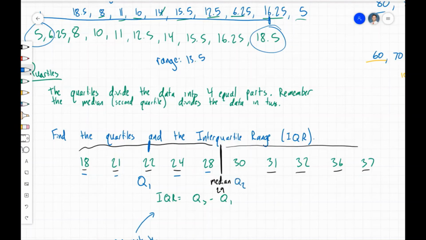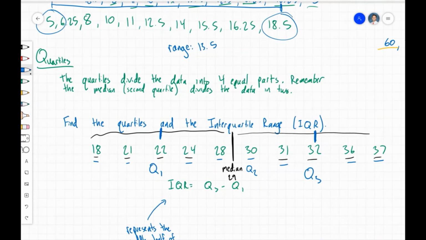And then if we find the middle point of our upper half, working our way to the middle, we get Q3 at 32. So we've broken our data into 4 equal parts. Q1 here is 22 and Q3 is 32.